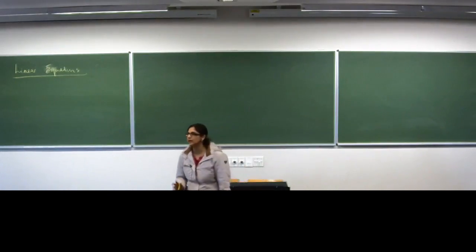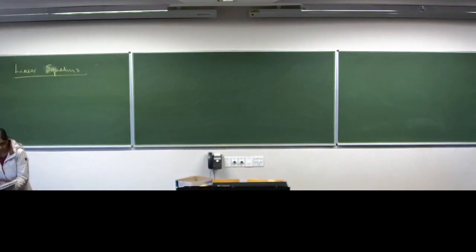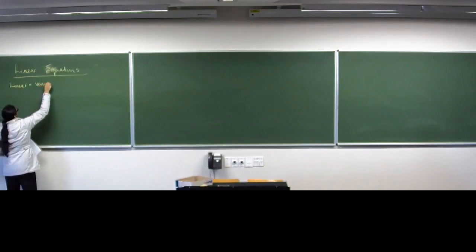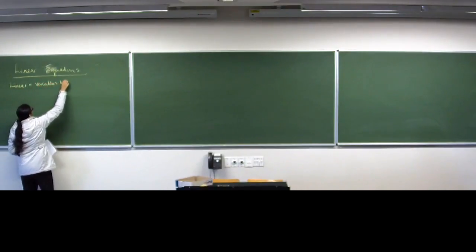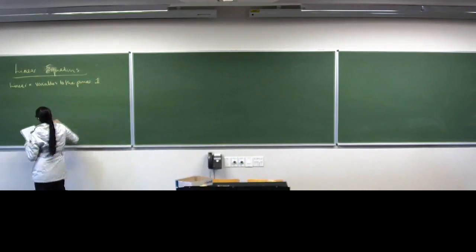And today we're going to look at linear equations, and I'm going to introduce you to Gauss reduction. All right. So basically what we said, linear means variables to the power 1. Remember that?